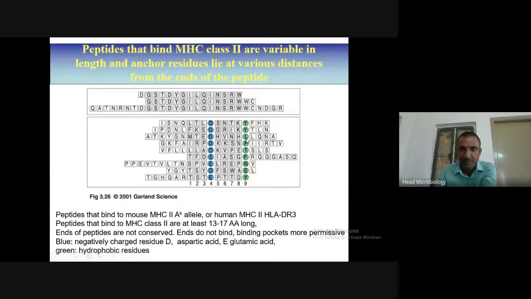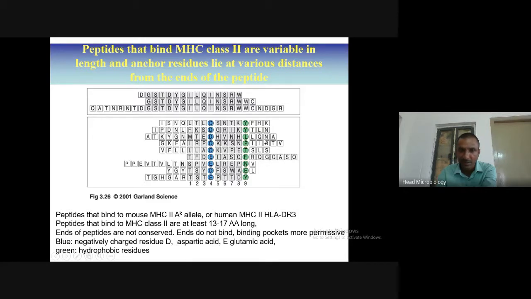L stands for leucine, and there are isoleucine, threonine, histidine. E stands for glutamic acid. Here there is no similarity in any sequences.